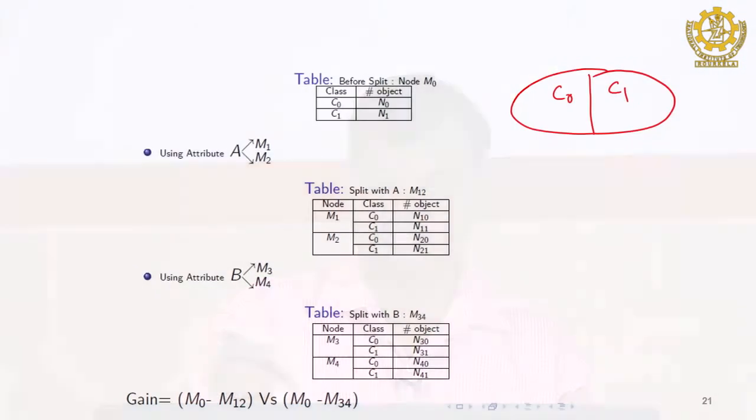Therefore, it is a binary class problem with classes C0 and C1, and what is the distribution of the objects? C0 has N0 objects belonging to class C0, and similarly N1 objects belong to class C1. So we have to apply Hunt's algorithm and split this node in multiple ways.